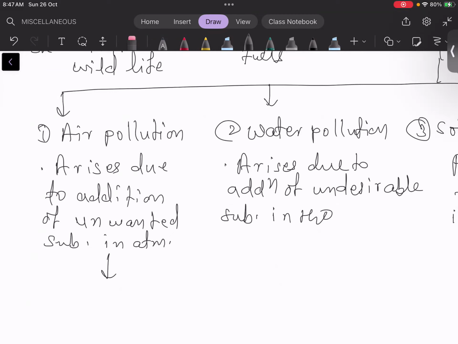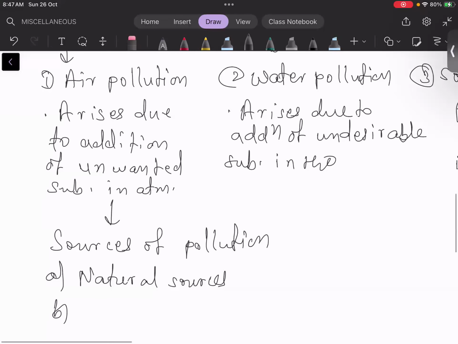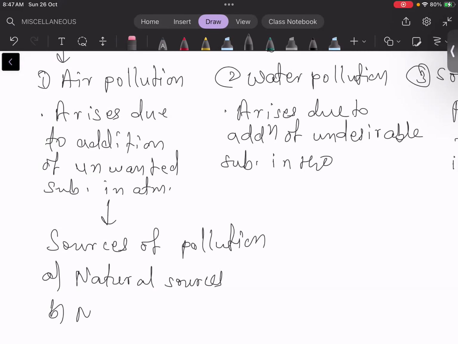Generally, there are two types of sources of pollution: natural sources, like burning of fossil fuel, and man-made sources.